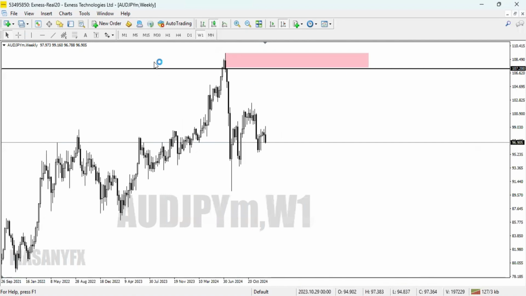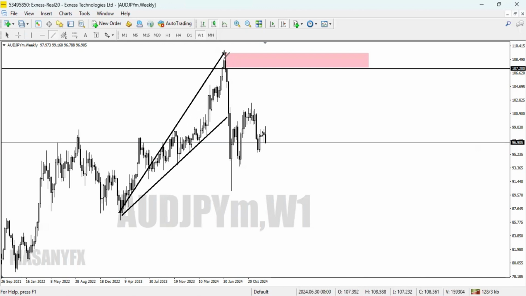But this is something that we are expecting in future, because as you can see here, it was trending in an uptrend direction, right? Creating higher highs, higher lows, higher highs, higher lows, higher highs.